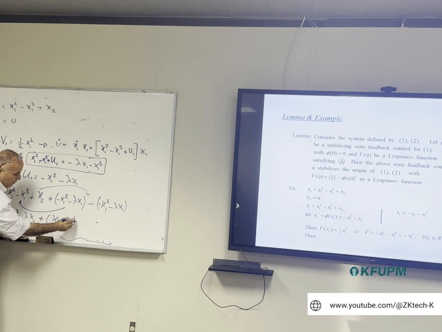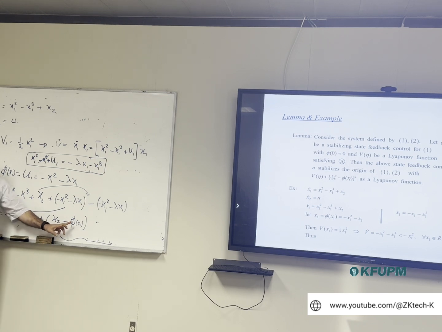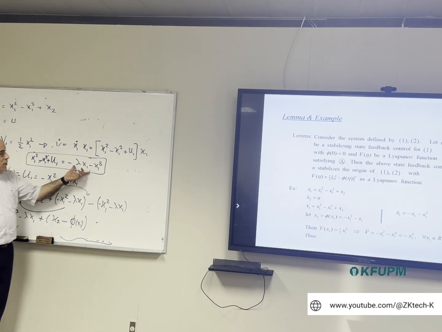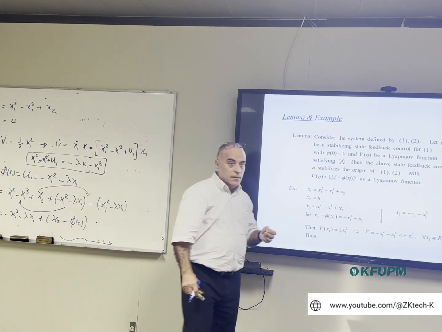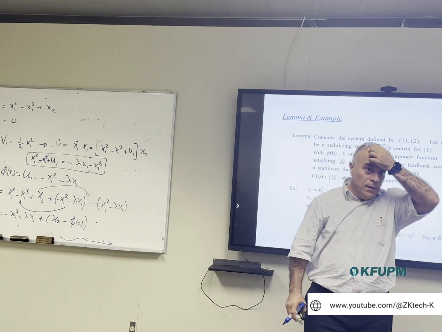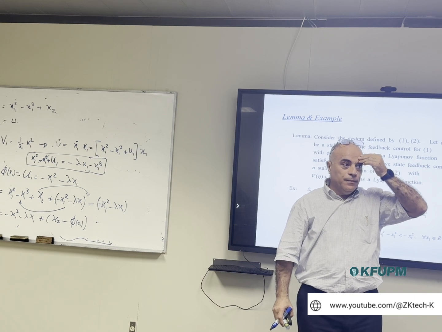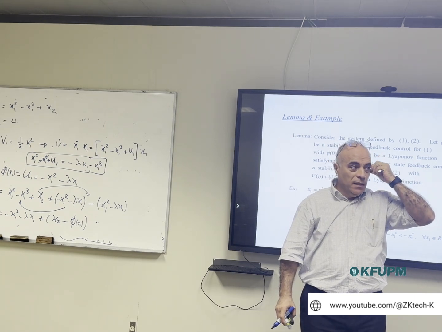I'm going to put phi of x1 here just to make sure that you link with the slides. Everybody is okay with that? You can see here if x2 is equal to phi, this term stays. Why? Because if I take this term and plug it here, this will be negative. Make sense?